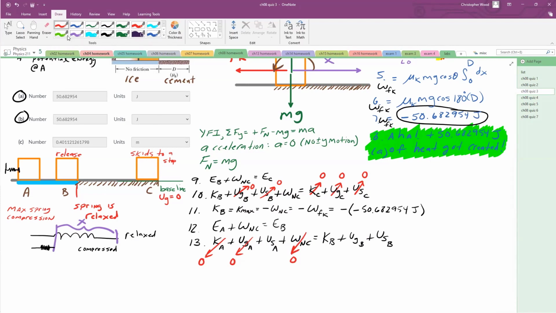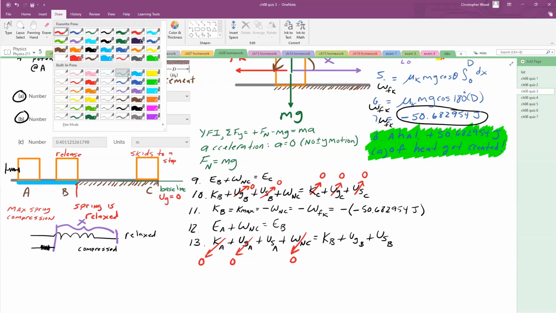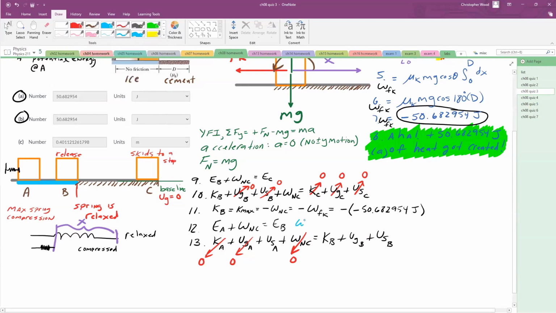This is equal to 0. And again, it pays to remind everyone what this term means. This is the non-conservative work occurring from A to B. Okay, and there is none because we're on ice. This is ice. There's no friction here. So that's why that's equal to 0.